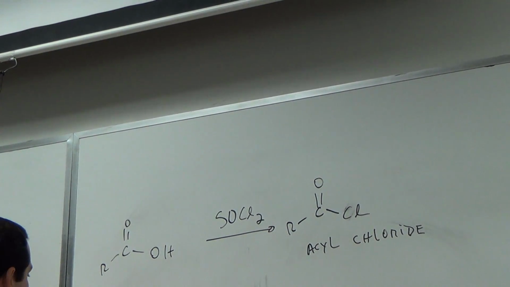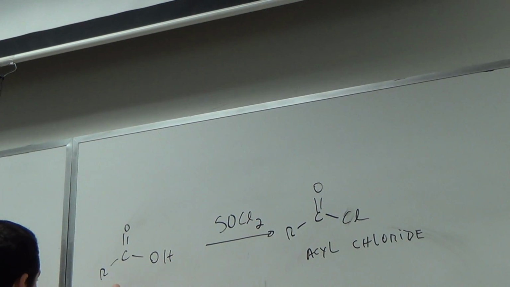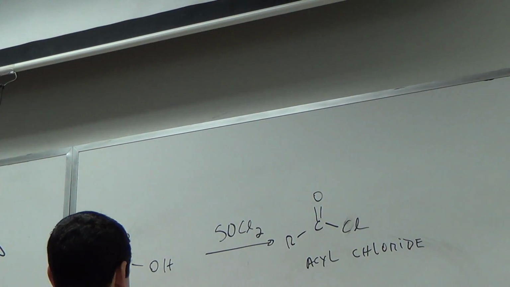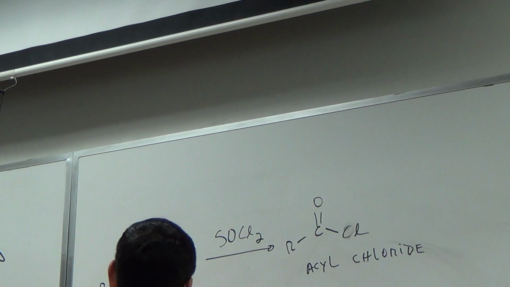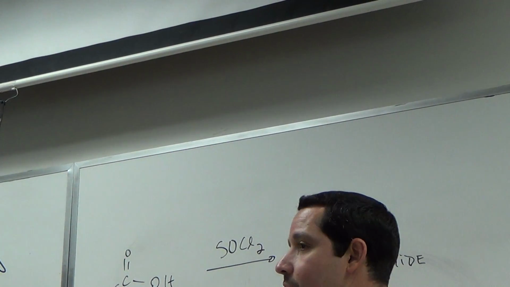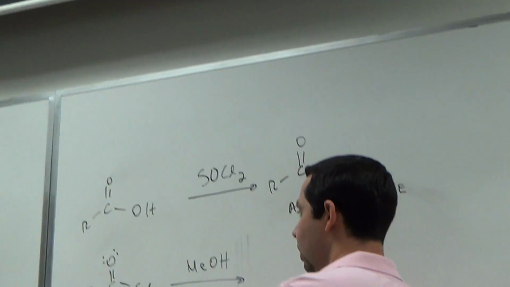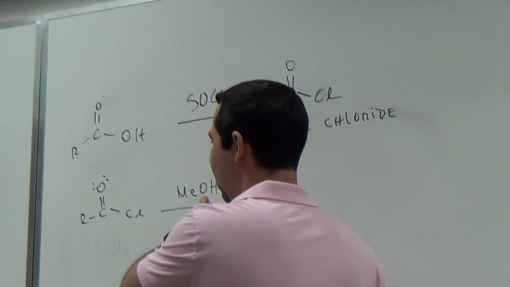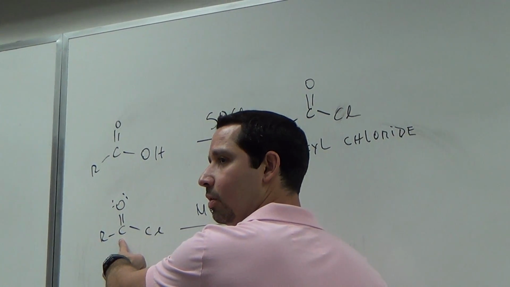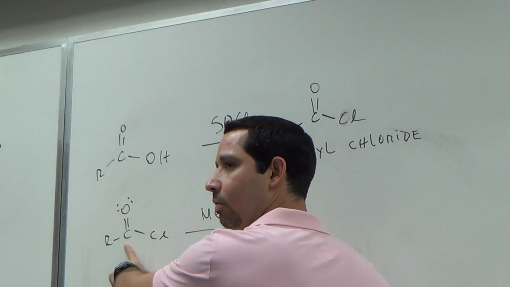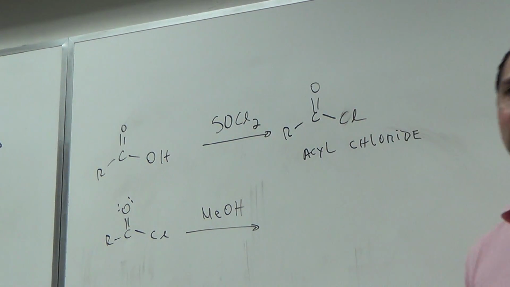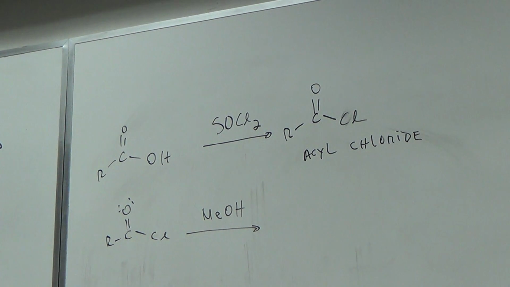But if you have this acyl chloride and you add, let's say, some type of alcohol to it, what is going to happen? When this was a ketone, did the alcohol attack the carbonyl, in the presence of an acid? Yes, it would.